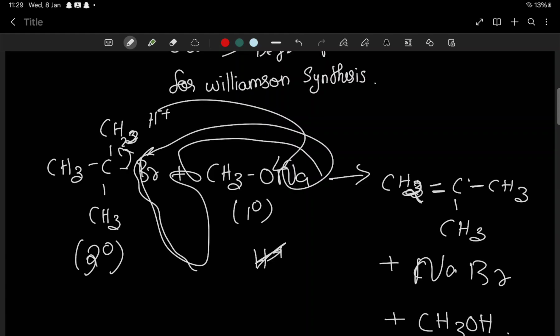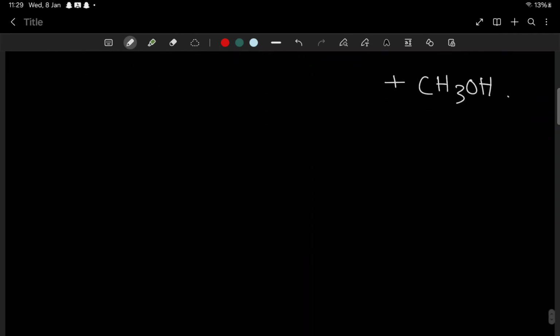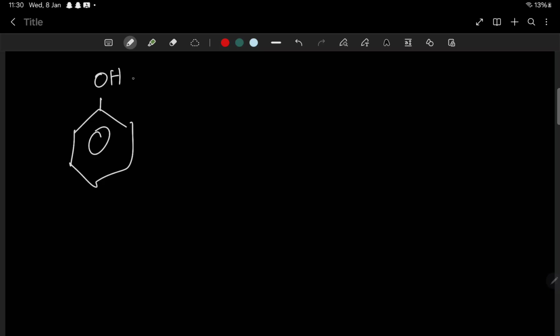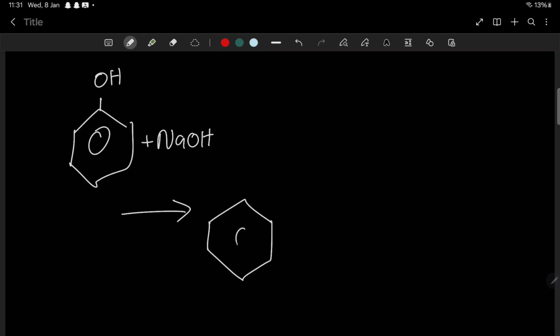Now, if we need, we can convert phenol also to the corresponding phenoxide by this method. We can also prepare anisole by Williamson's method. That is, take phenol, OH, plus NaOH. If you do this acid-base reaction, you get the corresponding sodium phenoxide, O minus Na plus.